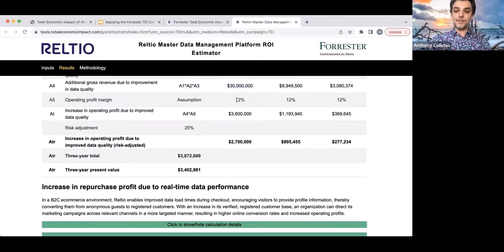If your operating margin is that, and if you don't know what your operating margin is, you could ask or just Google it, like, hey, I'm in pharmacy or whatever, what's my usual margin? It's a great place to start. You multiply it out. There's a risk adjustment, which is super important to understand. Generally the way I do it in the field is if I know that the delivery and support organization have a lot of experience with delivering this use case within this market segment, the risk goes down.